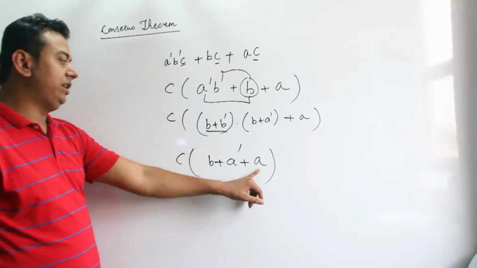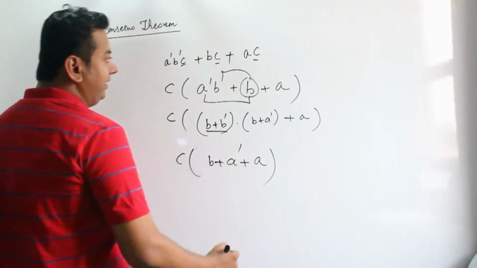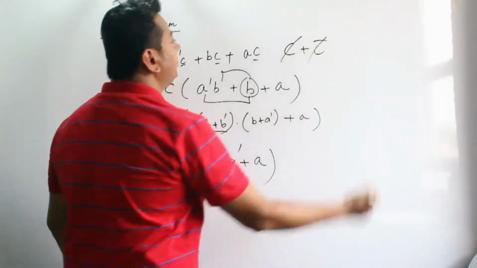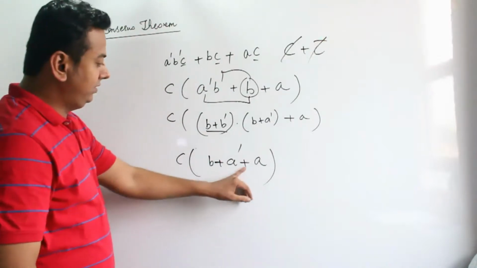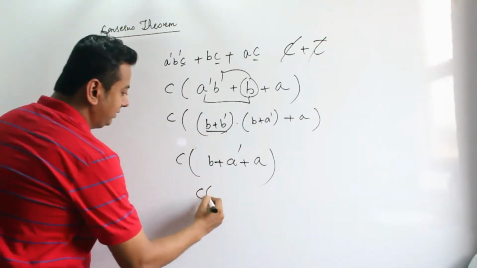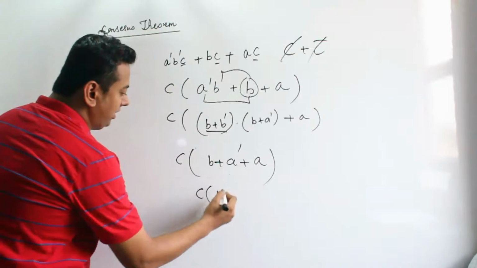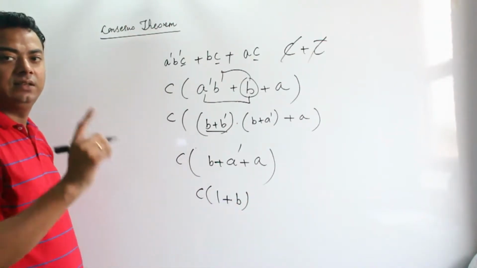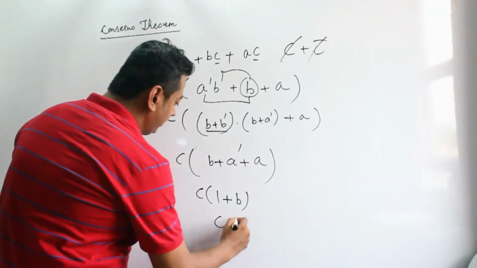Never cancel out these two, like this is A not and A. What somebody always does is, if this is C and C plus, they just cancel out. No. This is always 1. So this is 1 plus B. Right? And 1 plus B is always 1. So the C.